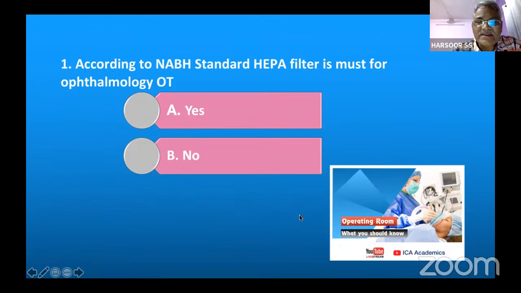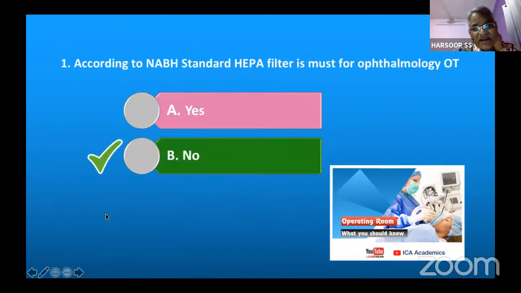Right, 20 seconds. There is a little ambiguity about this, but the right answer is B. Twenty-one members have answered it correctly. Nevertheless, why it is not a mandatory thing according to NABH, Dr. Amit Shah is going to clarify.